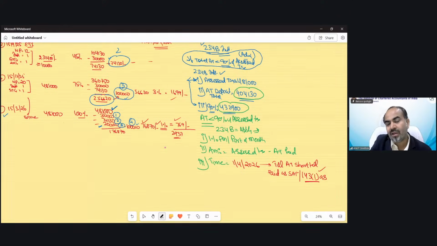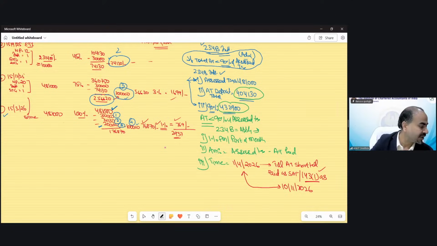Suppose in the example, the date on which the shortfall has been paid or the 143(1) assessment has been completed is 10th November 2026. So this is the duration for which interest needs to be charged on the difference of assessed tax, which was 4,81,000, less advance tax paid, that is 4,04,130.